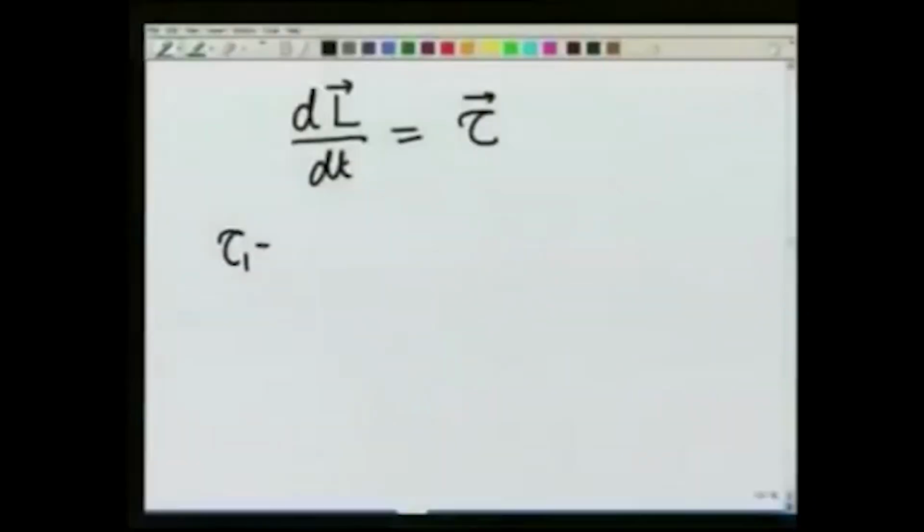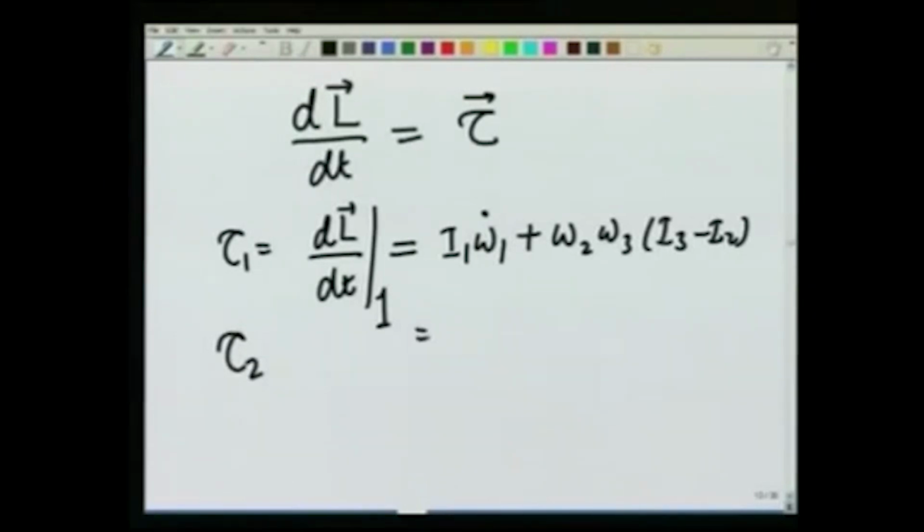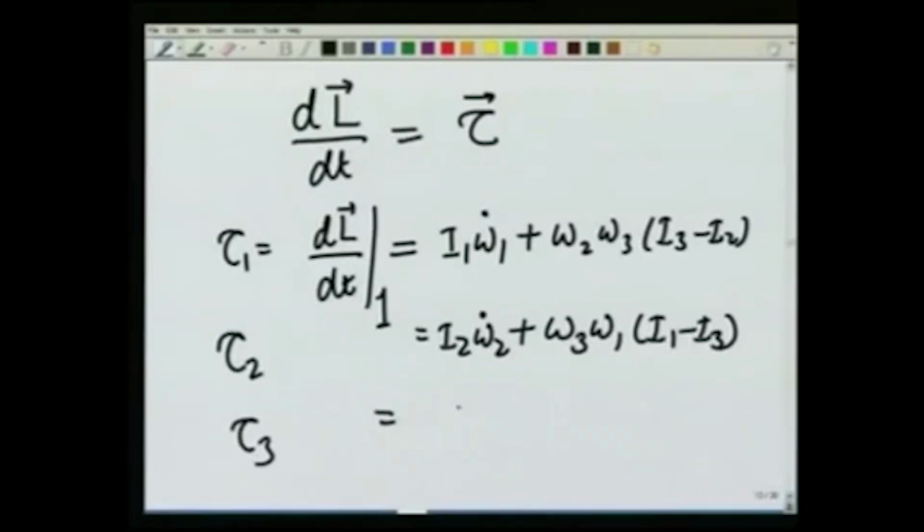So, tau 1 should be dL/dt along principal axis 1, and that comes out to be I1 omega 1 dot plus omega 2 omega 3 (I3 minus I2). Similarly, tau 2 comes out to be I2 omega 2 dot plus omega 3 omega 1 (I1 minus I3), and tau 3 comes out to be equal to I3 omega 3 dot plus omega 1 omega 2 (I2 minus I1).